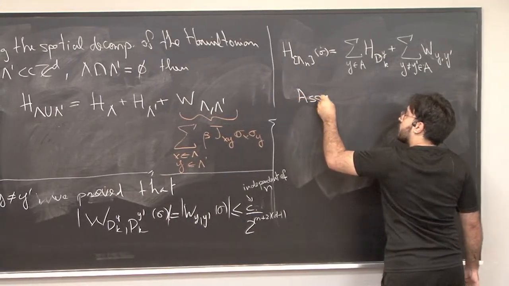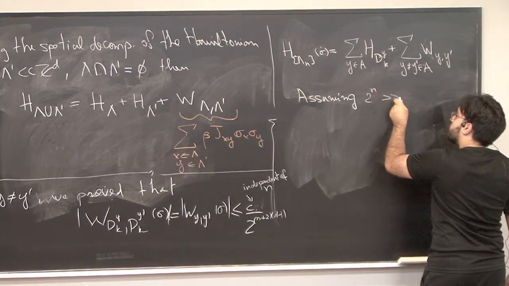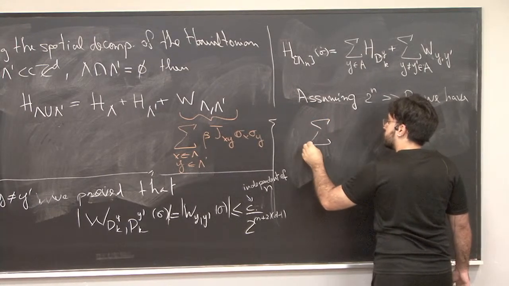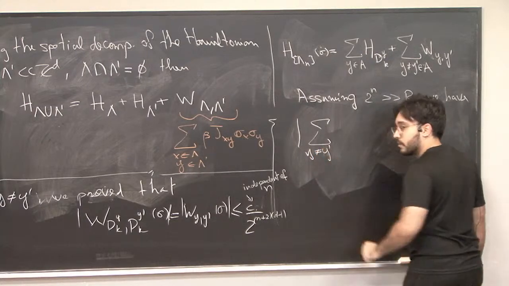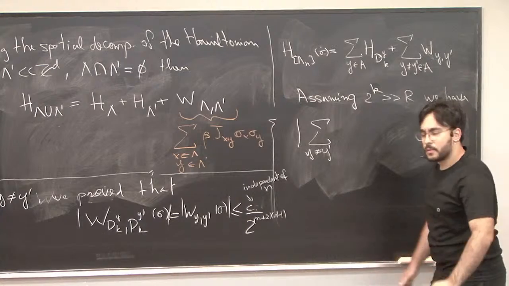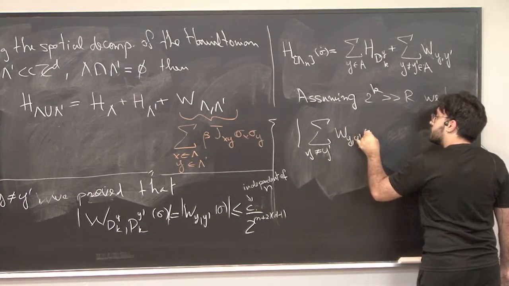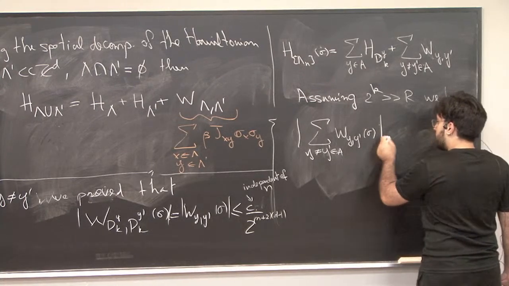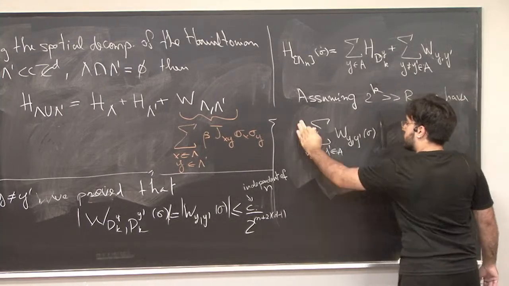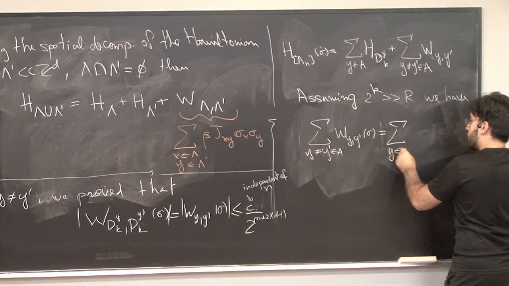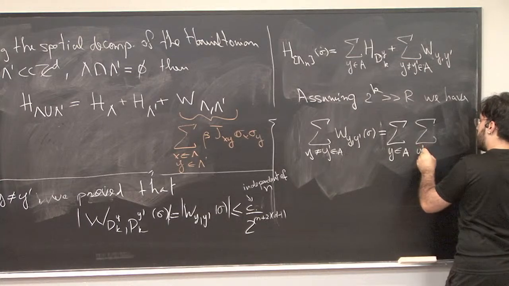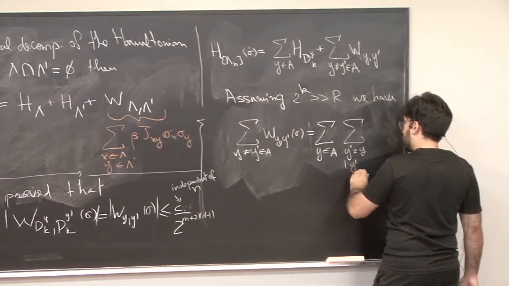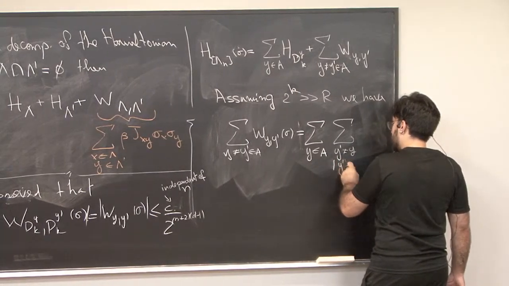So what this implies is that, assuming two to the power n is much larger than r, we have, inside A, I can show that this will be the sum over y in A and summing over y prime different from y, such that the distance is less than 1.